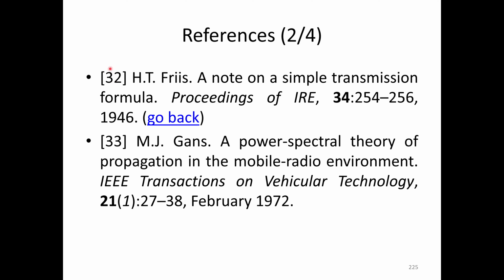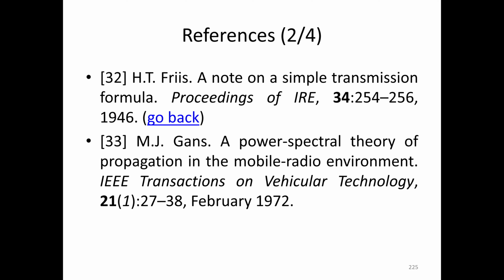Reference 32 is a paper written by H.T. Friis. The title of the paper is A Note on a Simple Transmission Formula, which was published in Proceedings of the IRE in 1946, which is a very old paper.